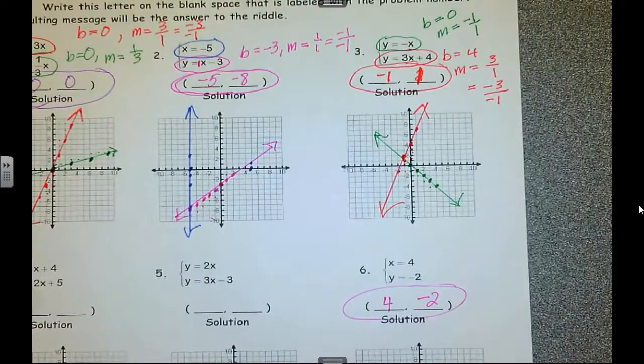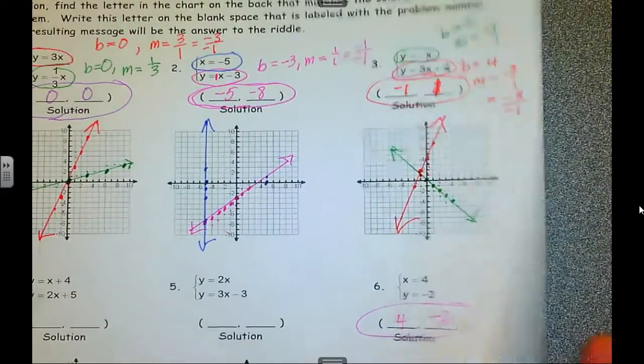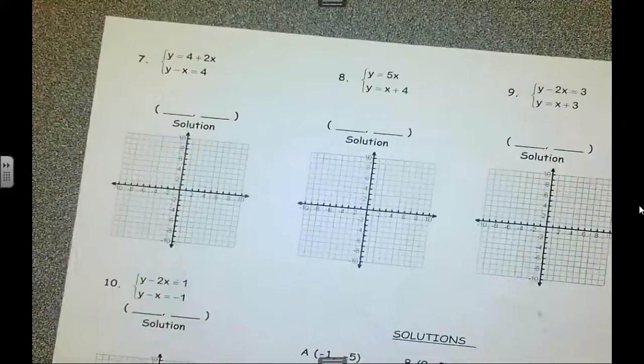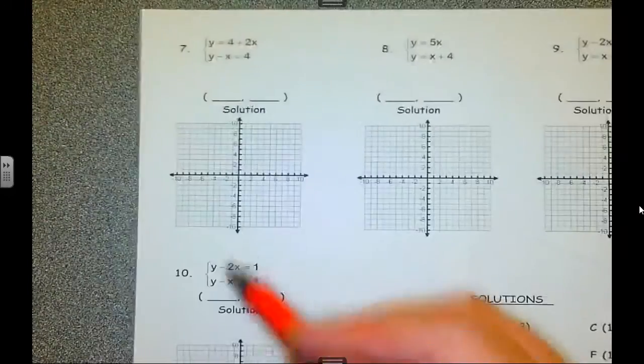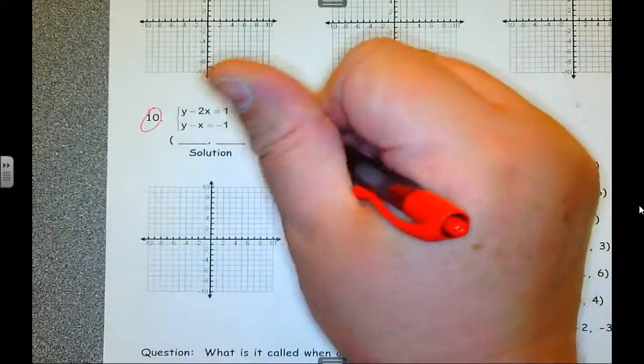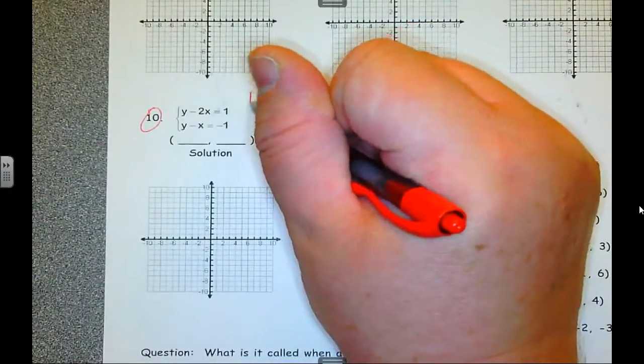Did I give you enough examples to do the rest of the worksheet? Oh, you got a puzzle too. Number 10, you're going to have to put them in slope-intercept form first.